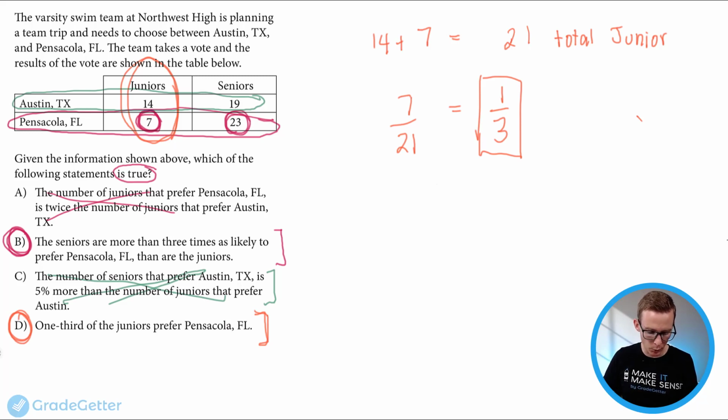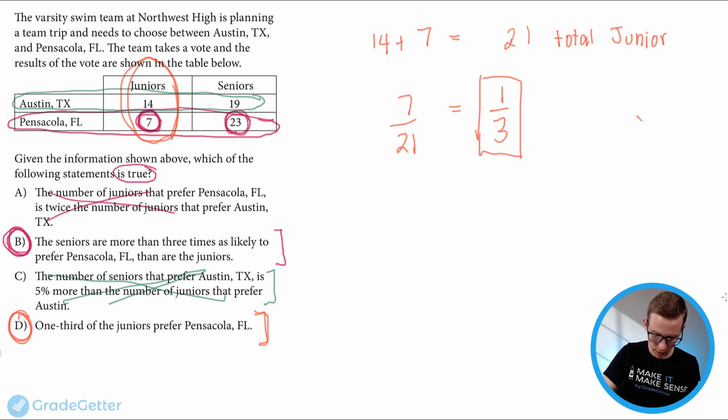So we need to now go back to option B and see what's going on. Okay, I think where I went wrong with option B was I didn't consider all of the seniors. Like how we came up with a ratio of juniors that prefer Pensacola, let's see if we can find the ratio of seniors that prefer Pensacola and compare that to the number of juniors who prefer Pensacola.